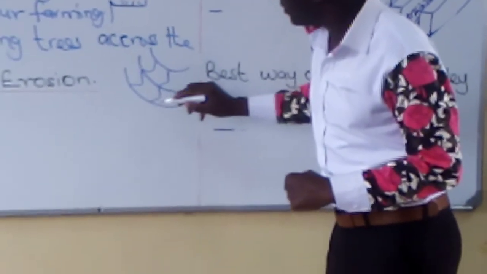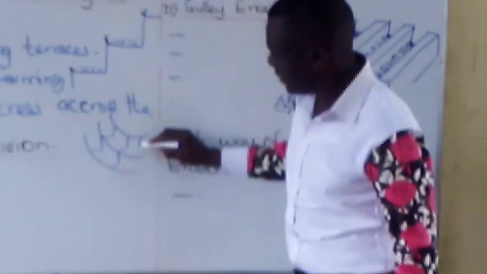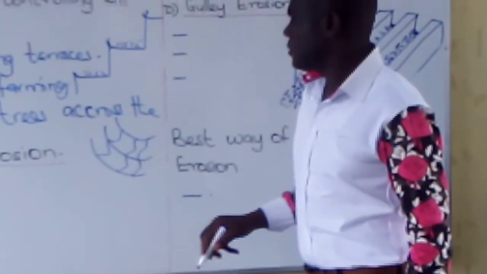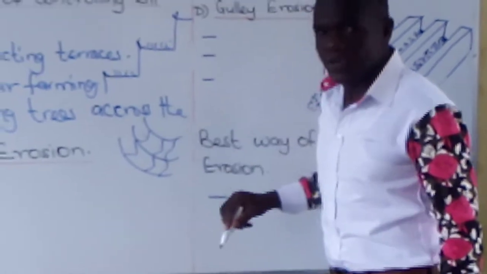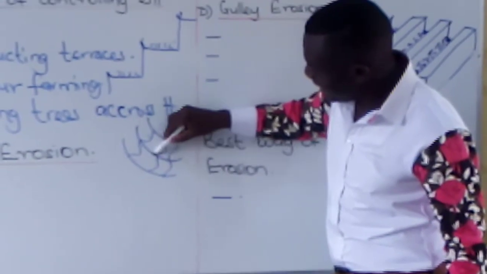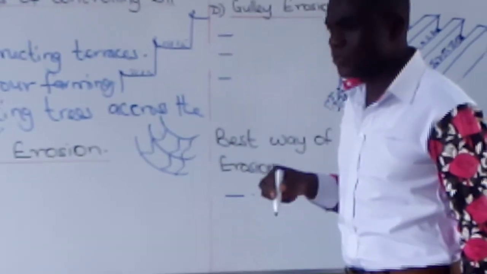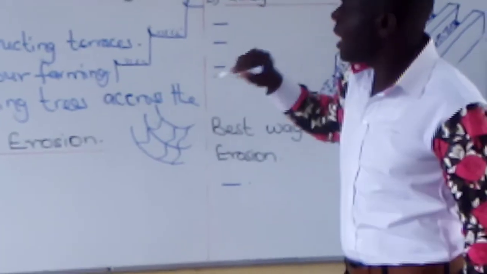You can make things like ridges, so that there's a depression here and there. You can plant your crops on the ridges. Those ones, we call them contours, contour farming, right? That is a method.